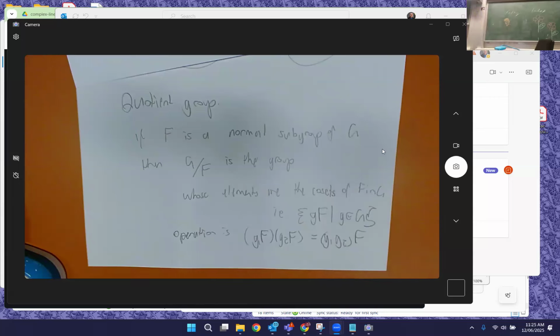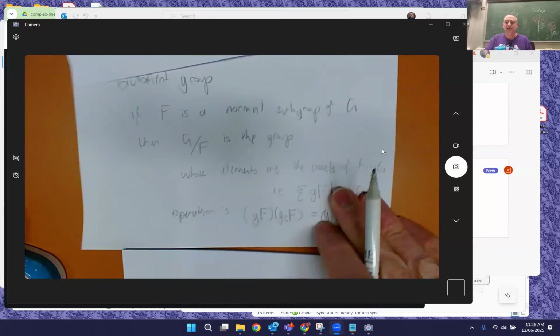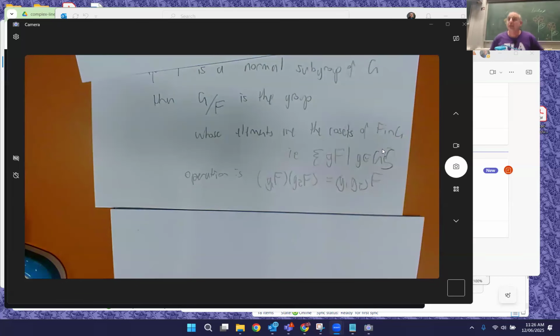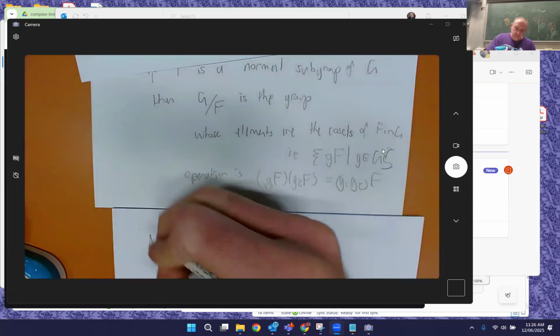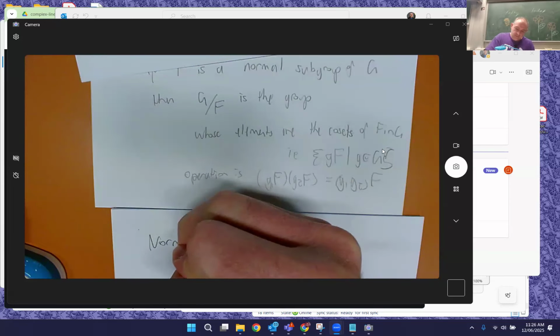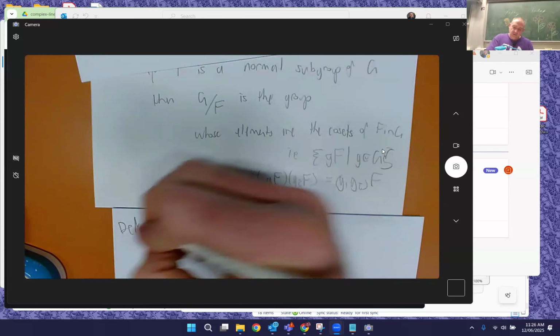Yes, so we should probably write that down too. So yeah, you can say just the cosets in this context because the left cosets and the right cosets are the same thing. But the definition, normal subgroup.